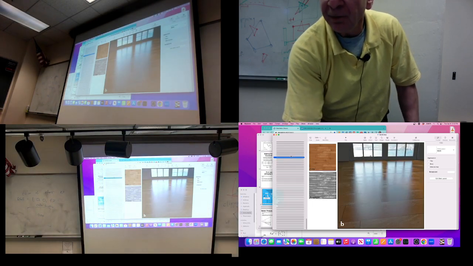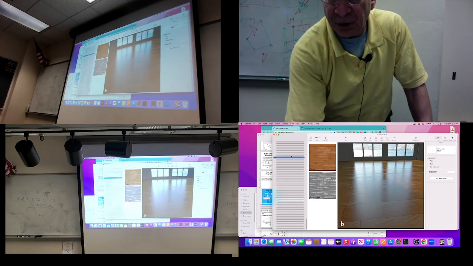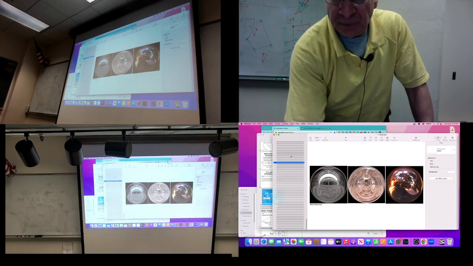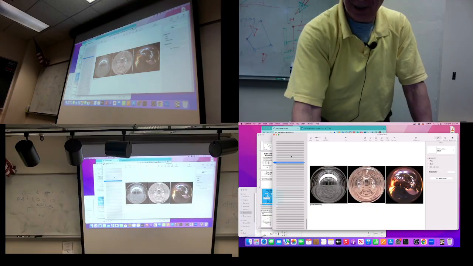Generating, kind of similar to soft shadow, the soft effect of the lighting and the specular effect on the floor, which again takes a few passes. Environmental map that you can definitely implement in homework 5.